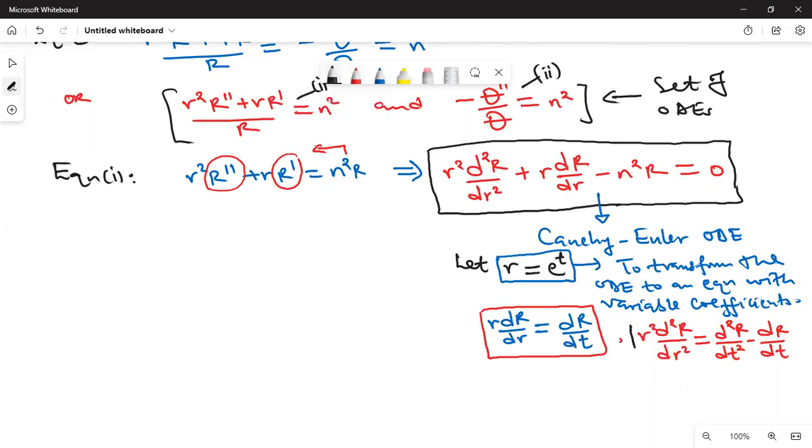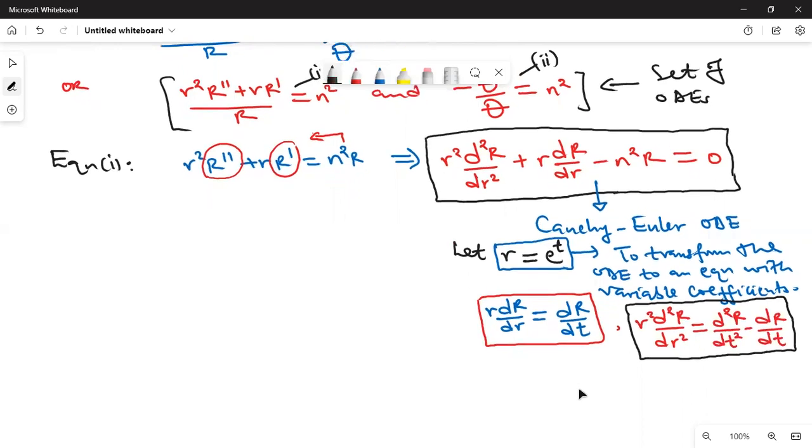Of course, the proof of how the derivatives transform in this manner, you saw that in ordinary differential equations. We don't need to derive this again. As we proceed, you need to recall those concepts that you learned previously.